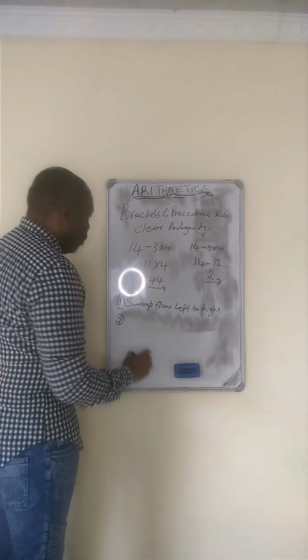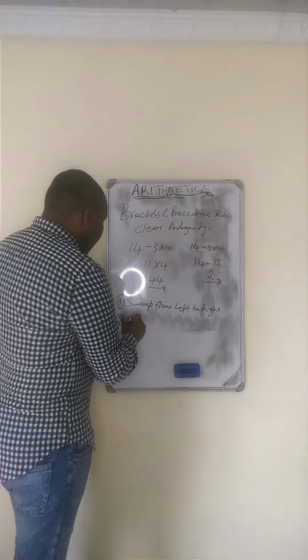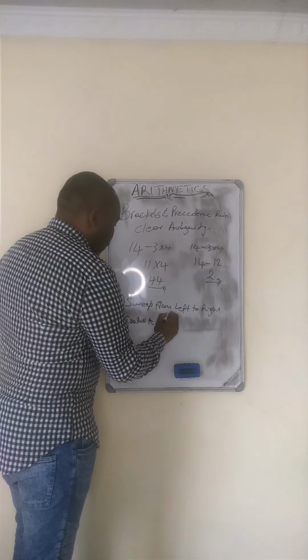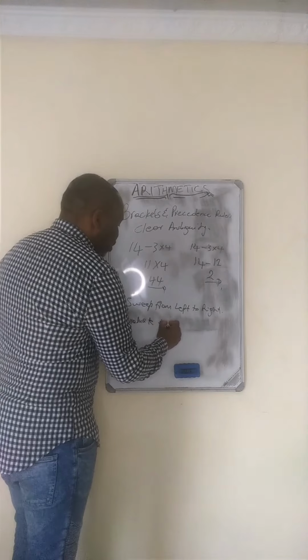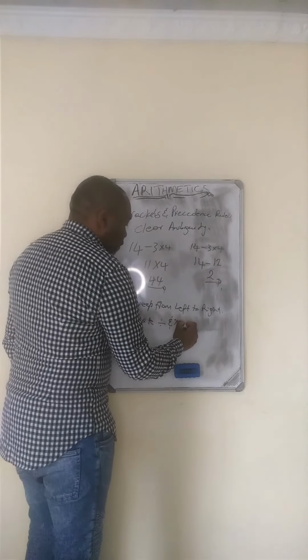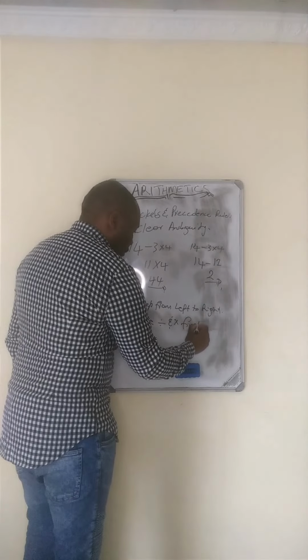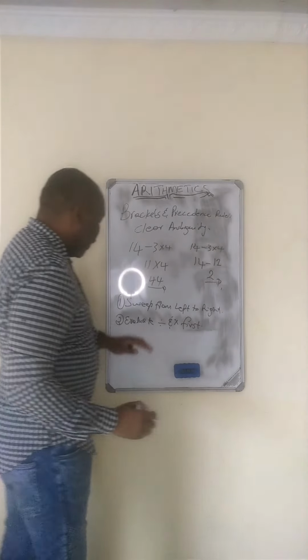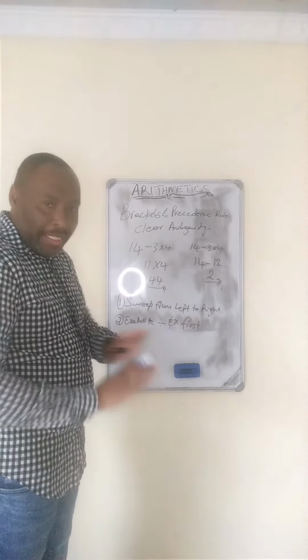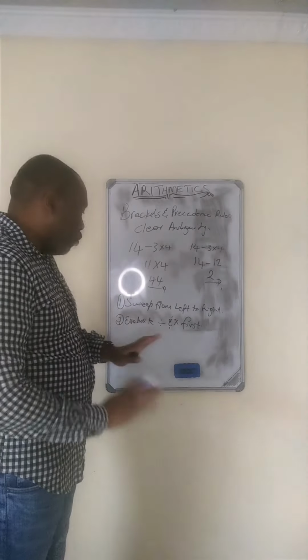Number 2, it says evaluate division and multiplication first. We deal with that first before we do anything.